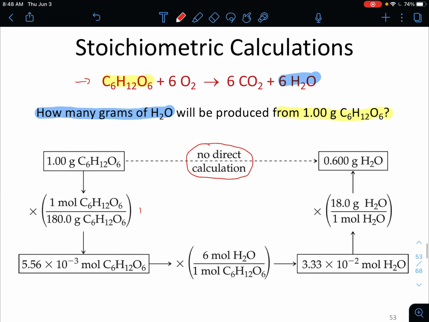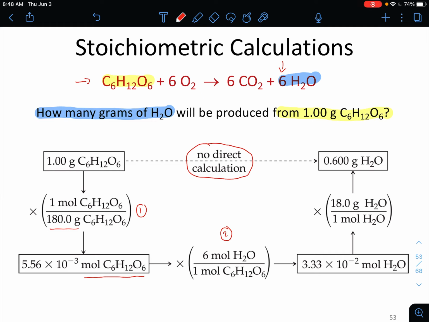So here's step 1, right? This is more or less the molar mass of C6H12O6, so we divide by that to get us to moles of reactant. Then in step 2, it tells me for every 1 C6H12O6, there's no coefficient, I produce 6 moles of water.